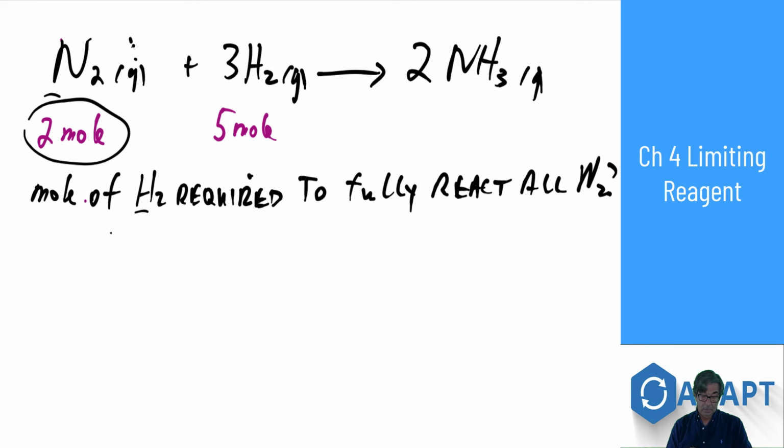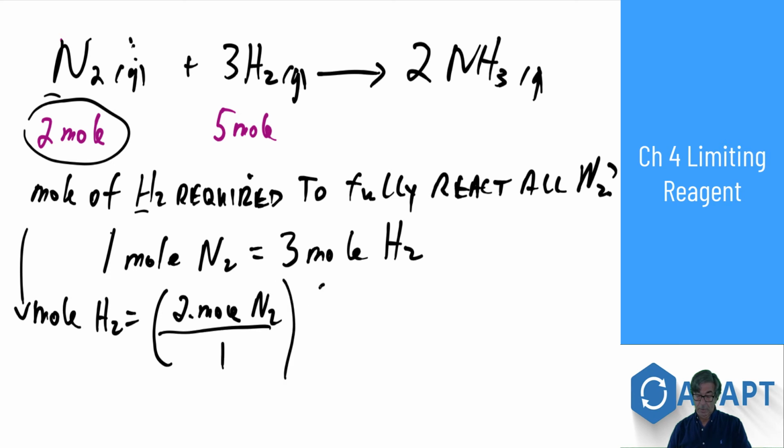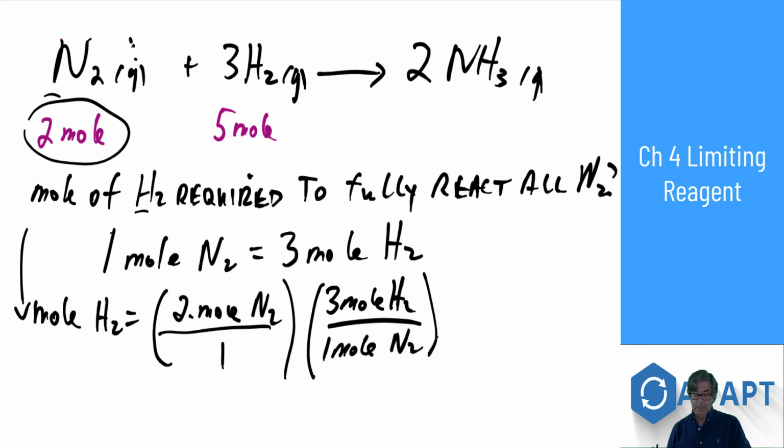We do want to write down our stoichiometric relationship based on the balanced chemical equation, in which we have 1 mole of N2 reacting with 3 moles of H2. So for the moles of H2 required to fully react all the N2, we have 2 moles of N2, place it over 1, and we have our 1:3 ratio, which gives 3 moles of H2 required to react with 1 mole of N2 based on the balanced chemical equation.